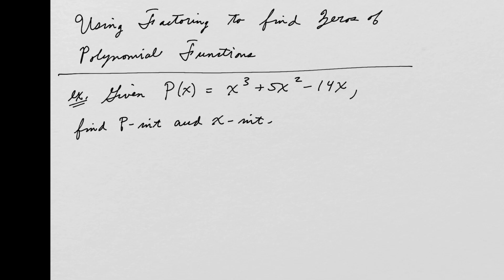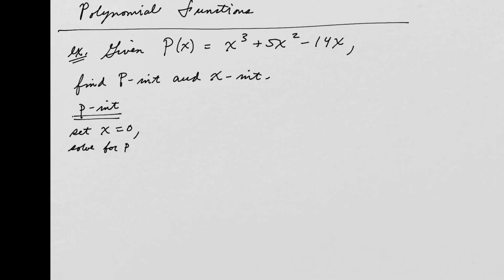So let's do the p-intercept first. To find that, you set x equal to 0 and you solve for p. Or in this case, since I have it as a function, I can just evaluate the polynomial function at 0.